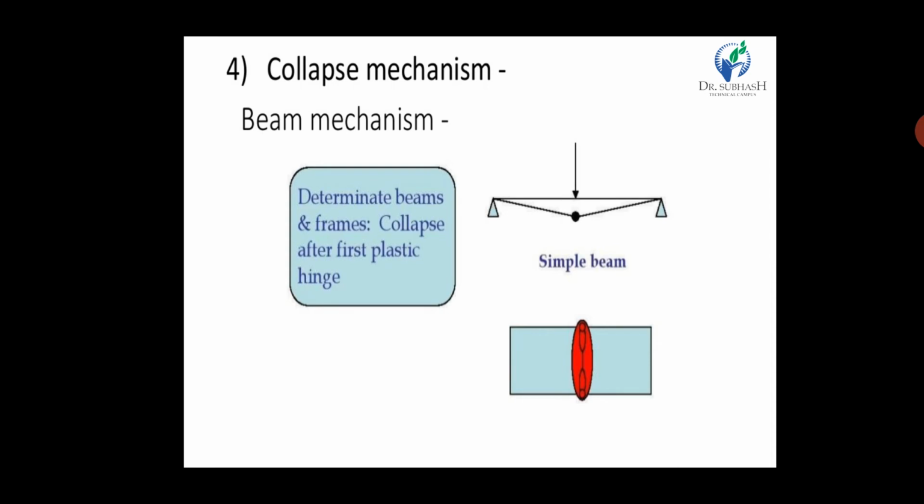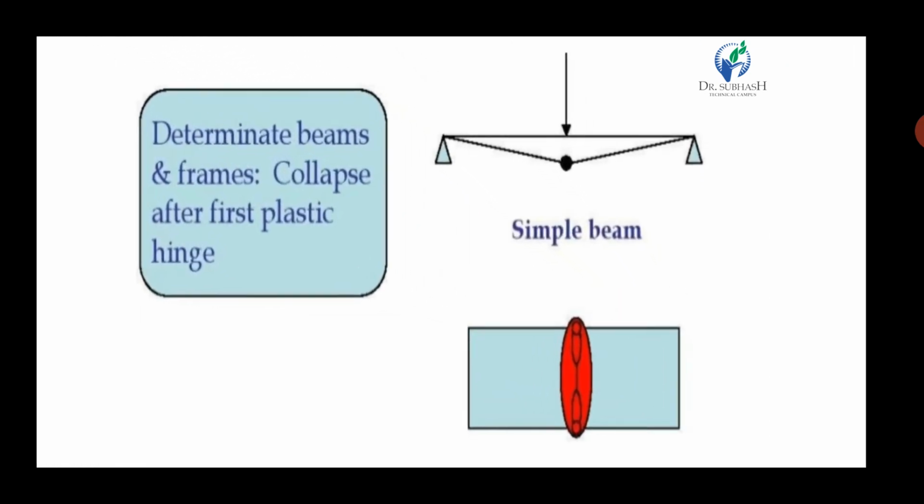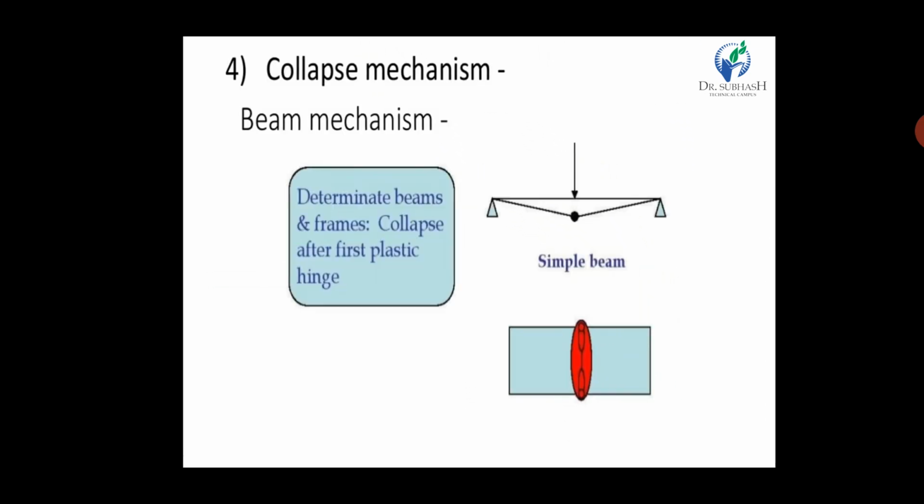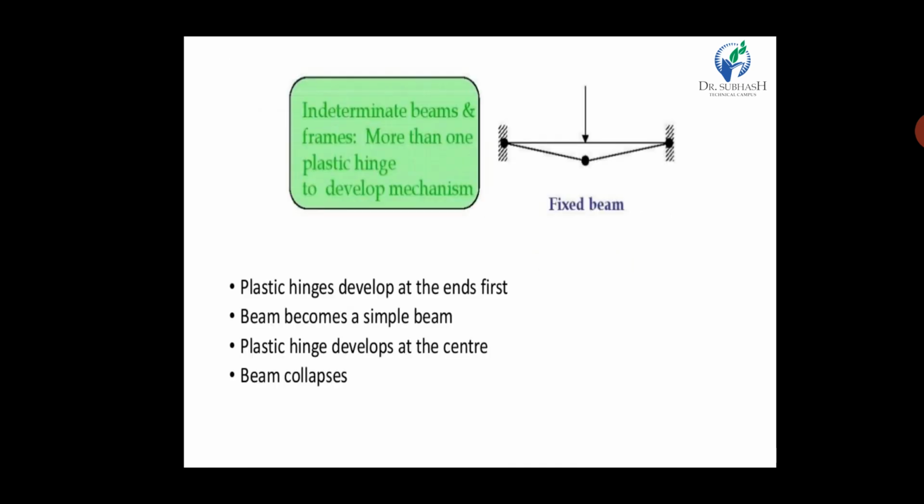So in our first case, the beam mechanism, we provide the plastic hinge below the point load. After providing the hinge you can see the effect in our figure. Next, for an intermediate beam and frame, more than one plastic hinge is needed to develop the mechanism.